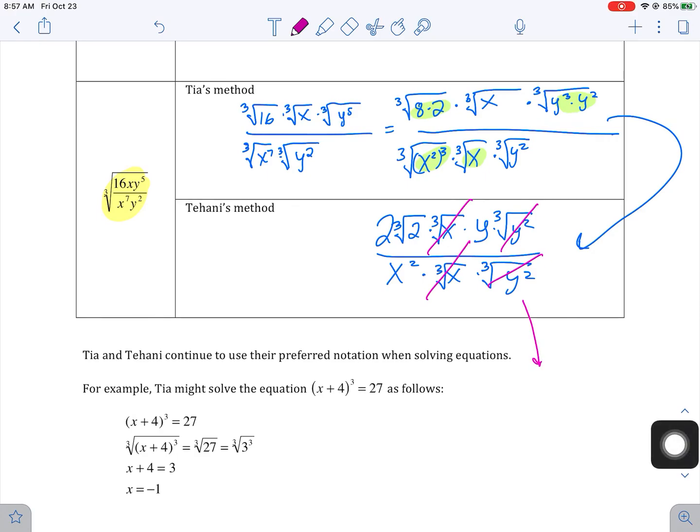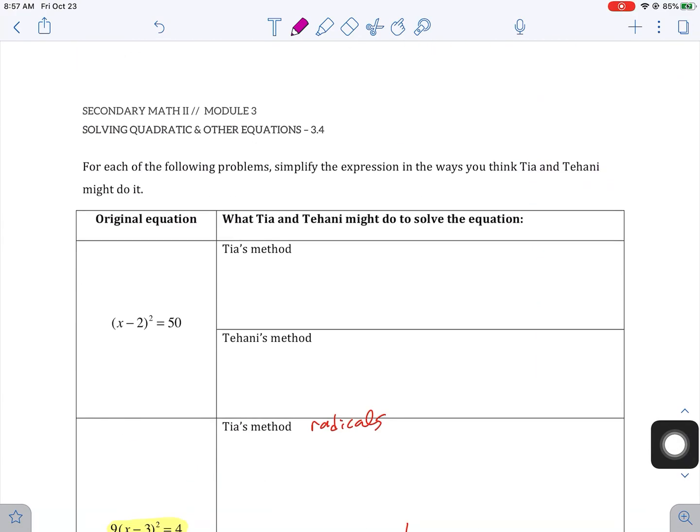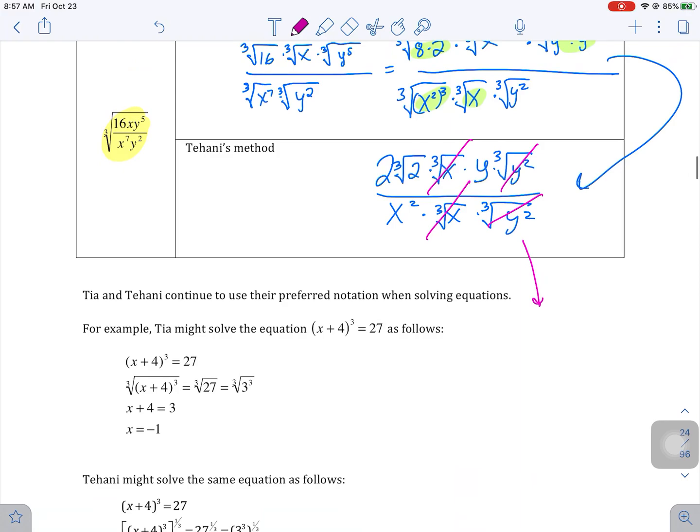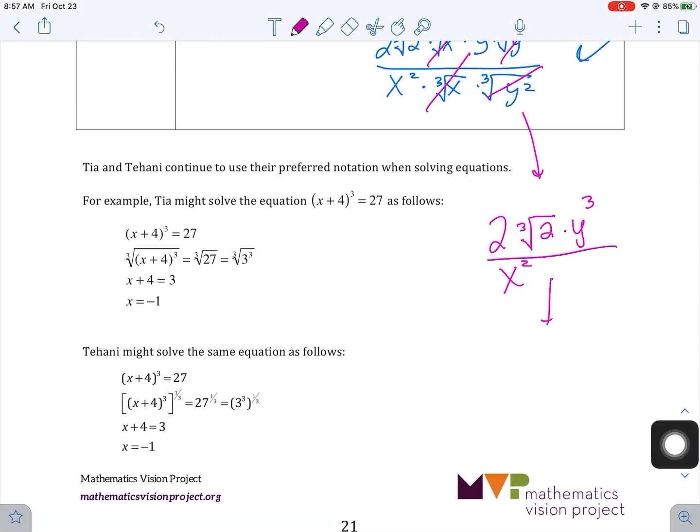So now the final piece here would be 2 times the cube root of 2 times y cubed over x squared. Okay, so that's a little bit better. And then you can even rewrite that as 2y cubed over x squared times the cube root of 2. So it's a little bit more simplified.